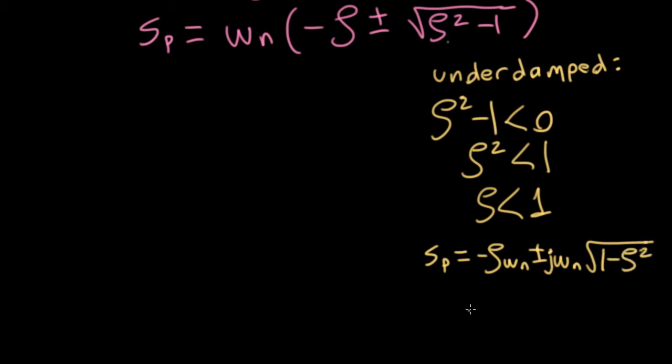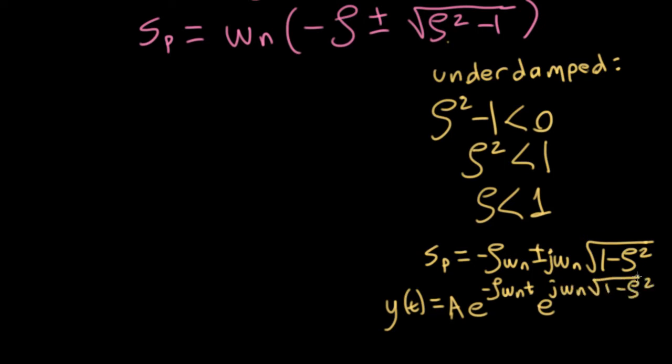So let's think for a second about what the partial fraction expansion is going to look like after you take the inverse transform. I'll have some constant times e to the minus zeta omega n t, and then I'll have something like e to the j omega n square root of 1 minus zeta squared t.